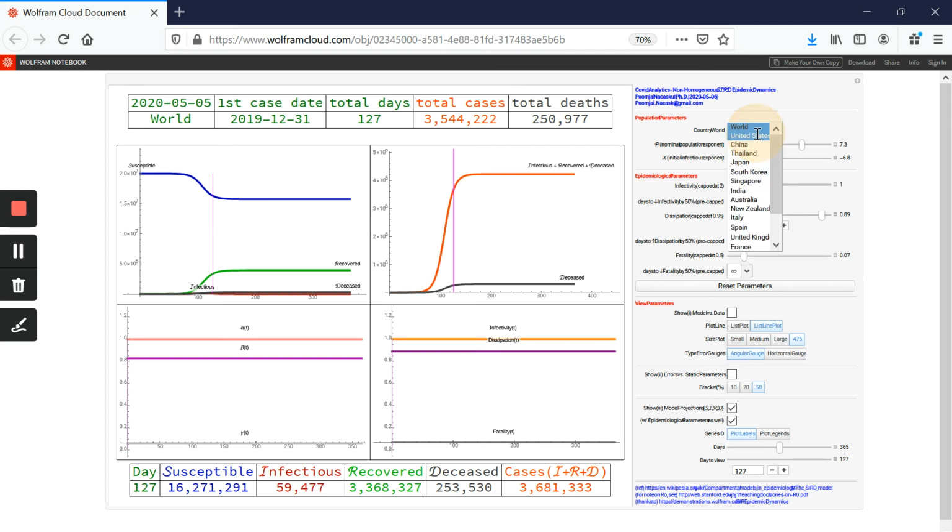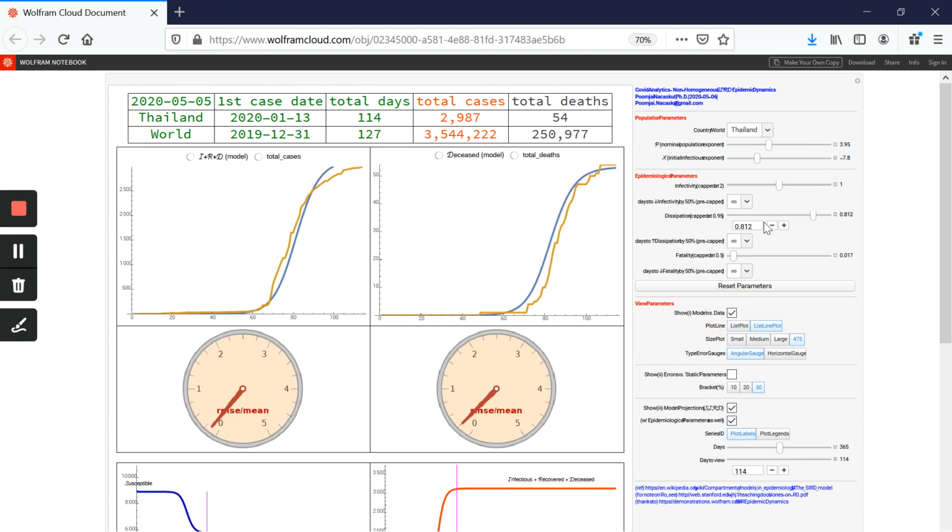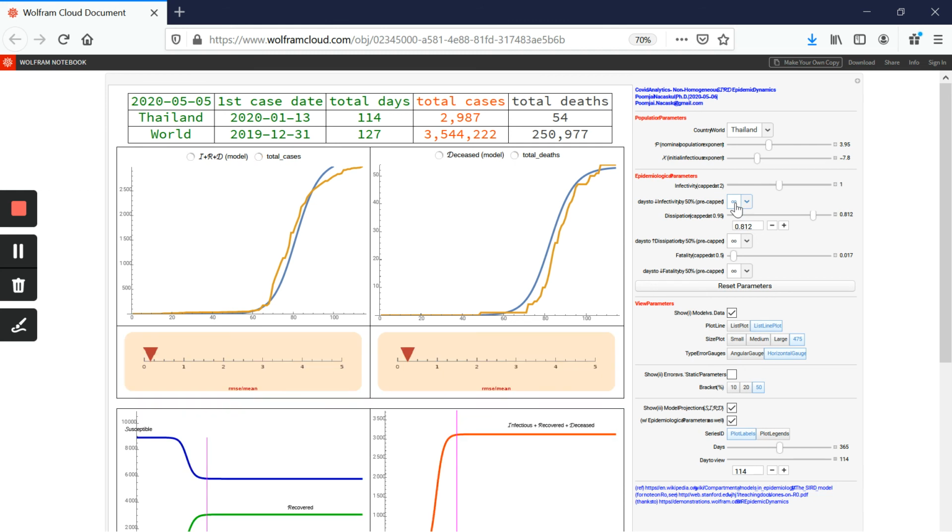So in this case, say you go to Thailand again, or any other country. If you go to reset parameter, show the original data, all this is based on infinity being the number of days it takes to improve, because there's no improvement.